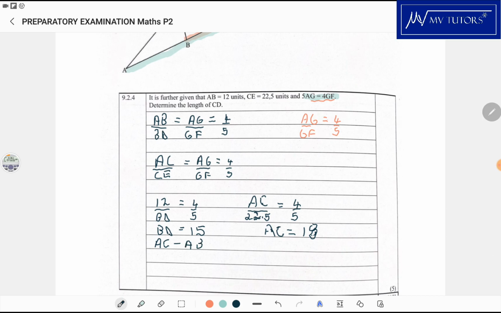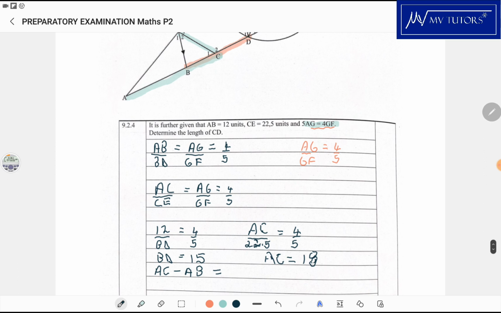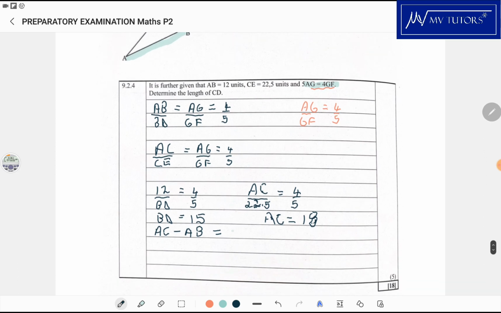This will give me what? AC minus AB will give me BC. Okay? BC. Now let's put in the numbers.